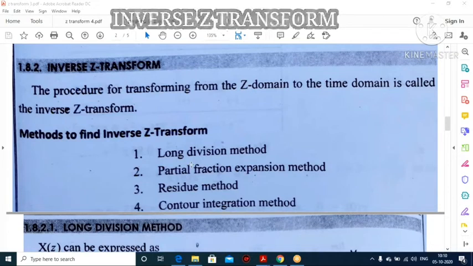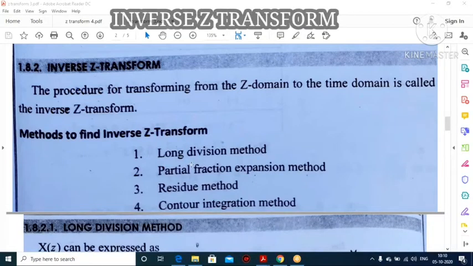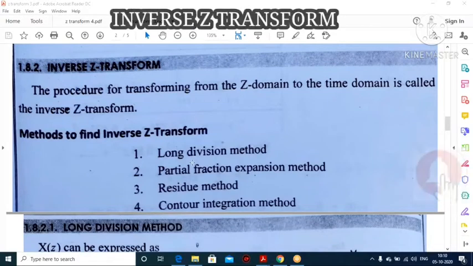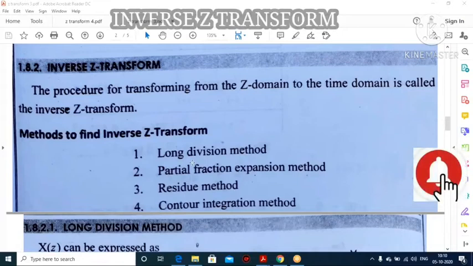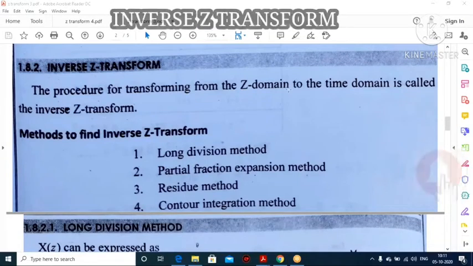Inverse Z transform means the process of finding x of n from its Z transform, that is x of Z. So we call it inverse Z transform. It means the procedure for transforming from Z domain to time domain.